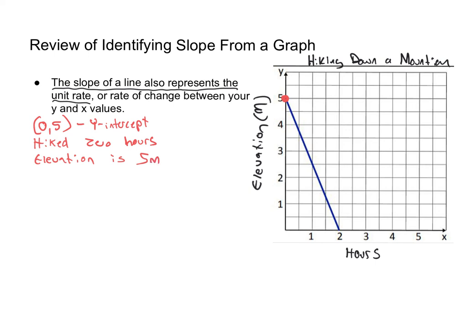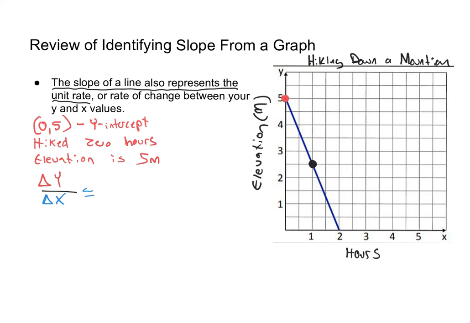Now let's find our slope. And let's see where we're going to be in 1 hour of hiking. So at (1, 2.5), there will be in 1 hour of hiking. Let's calculate the slope there. So again, my slope is change in y divided by my change in x.